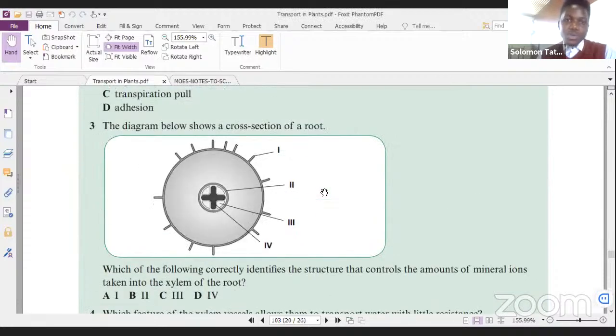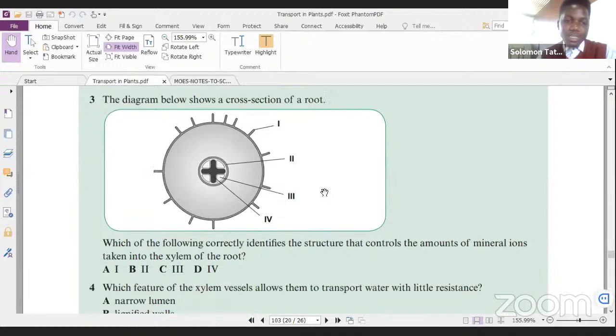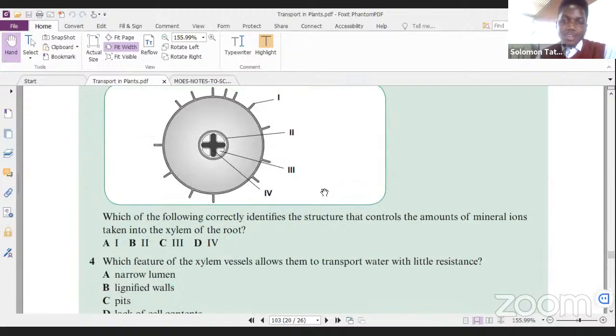The diagram below shows a cross-section of the root. Which of the following correctly identifies the structure that controls the amount of mineral ions taken into the xylem by the root? A, part I, B, part Roman numeral 2, C, part Roman numeral 3, D, part Roman numeral 4. Which one? Which part controls the amounts of mineral ions taken into the xylem of the root?